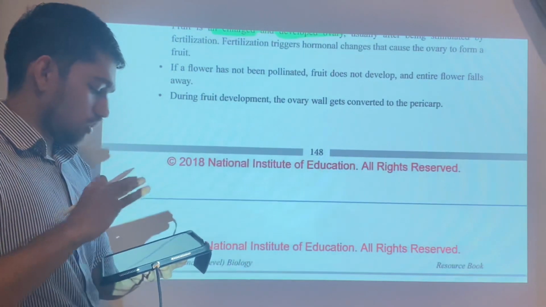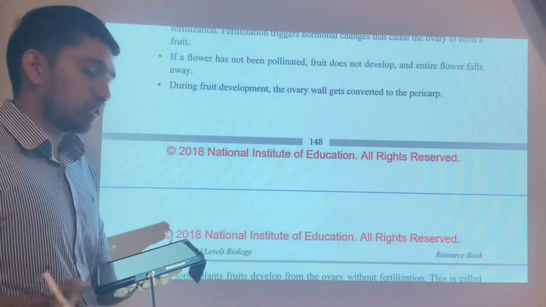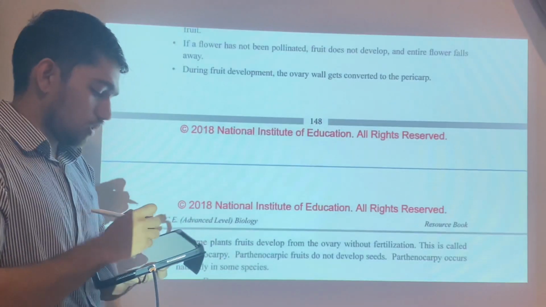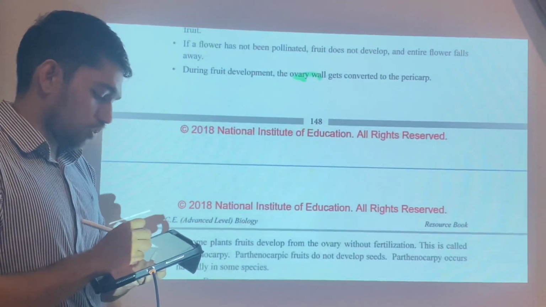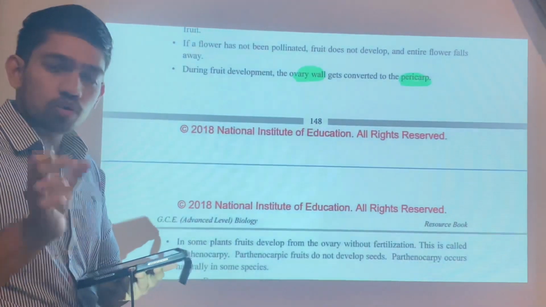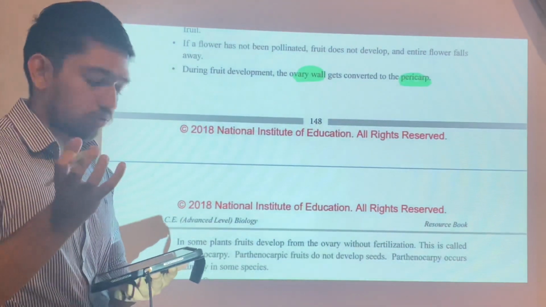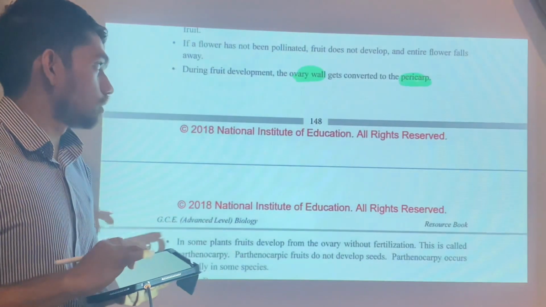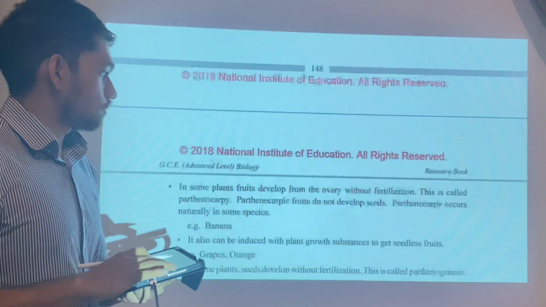If a flower has not been pollinated, the fruit does not develop and the entire flower falls away. Now what happens to the ovary? The ovary wall will get converted to the coat or the covering of the fruit, which is called the pericarp. Key term that you have to remember, pericarp.